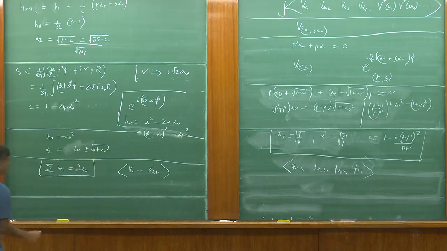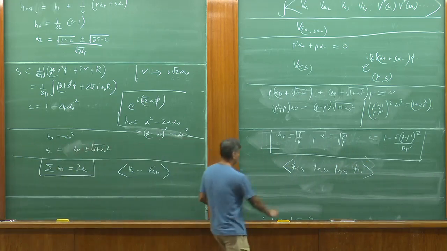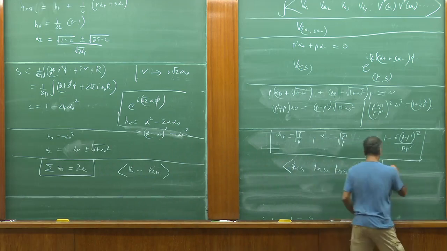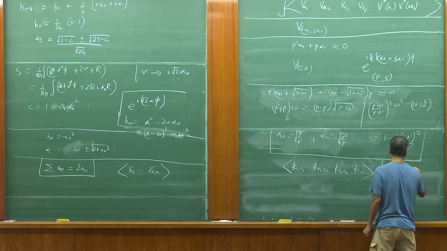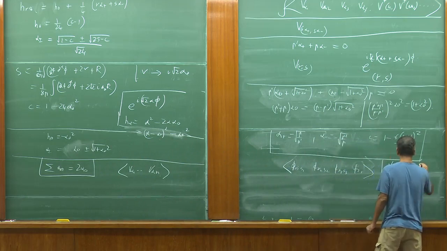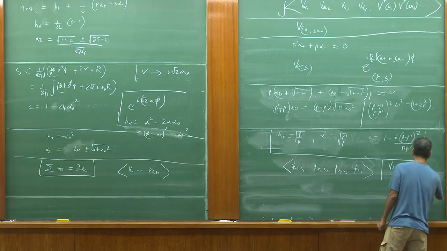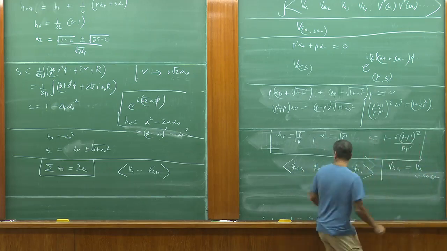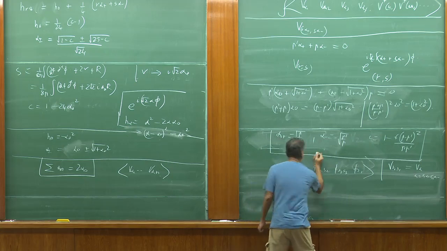Let's invent the following notation. Let's call V r1 s1 equal to V alpha with alpha equals r1 alpha plus, s1 alpha minus. Okay, so I'll just use the notation of V.